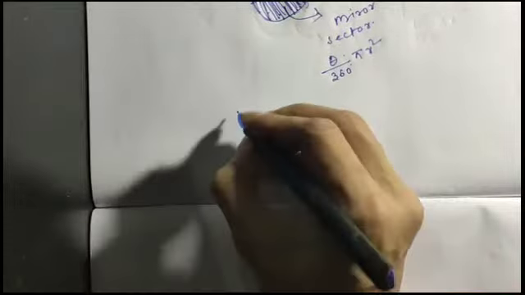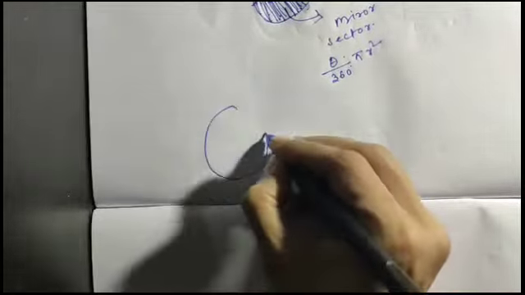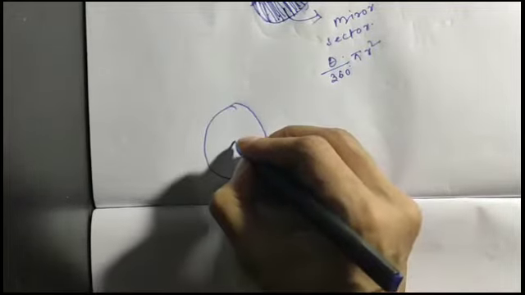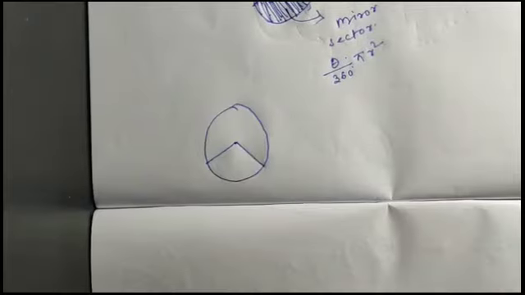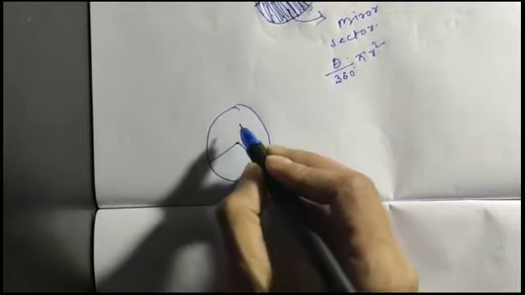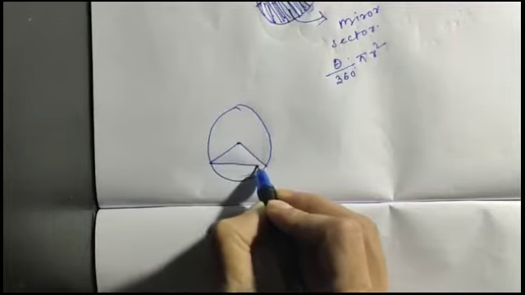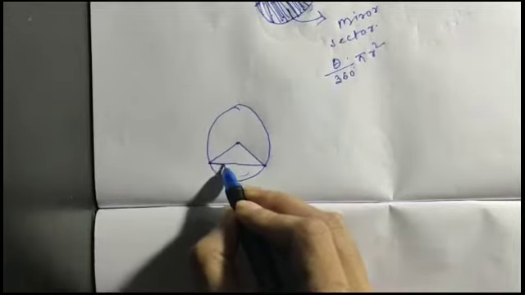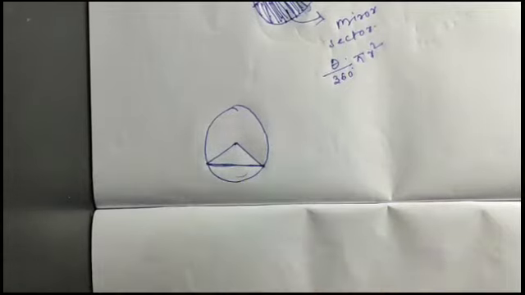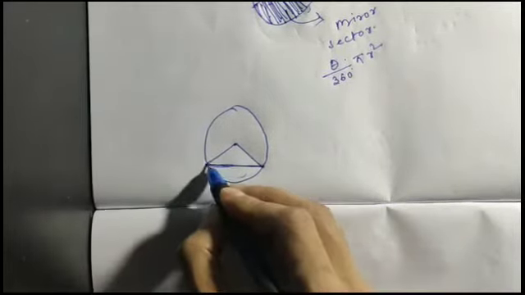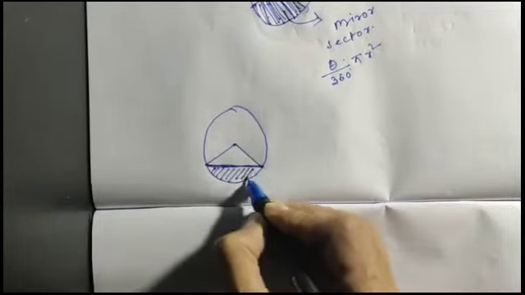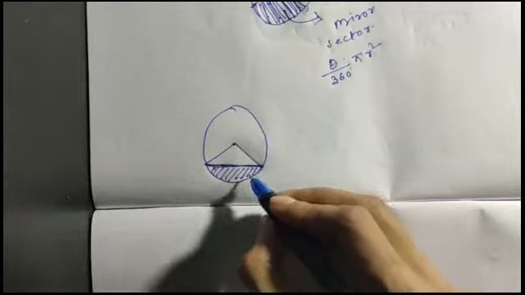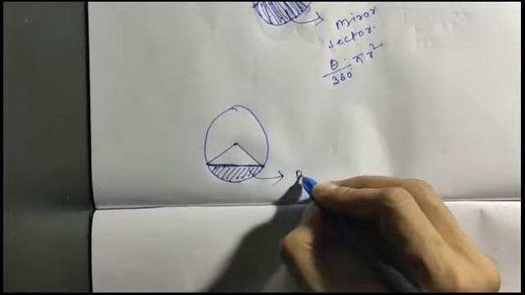Now let us discuss some other points. This is a circle, this is the center, this is the radius. This is the minor sector, this is the major sector. If I draw a chord of the circle, this shaded portion is called the minor segment.